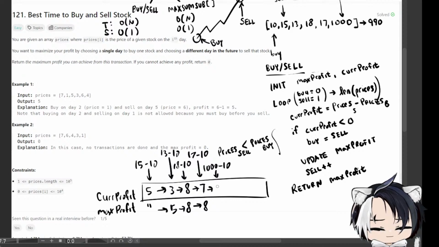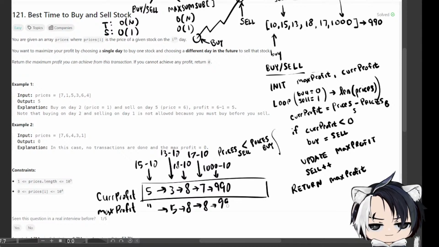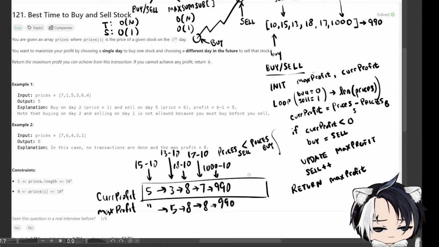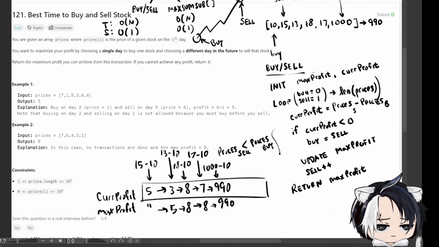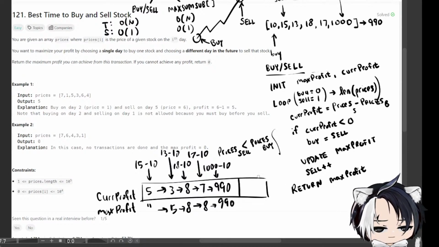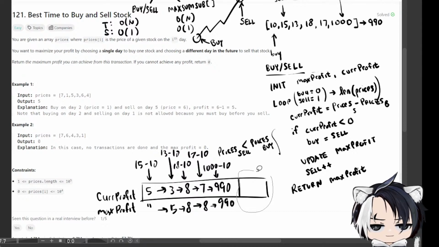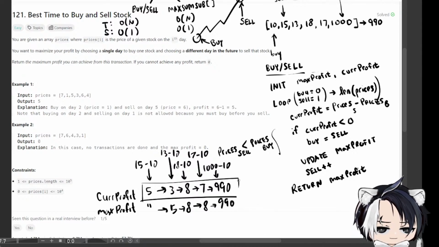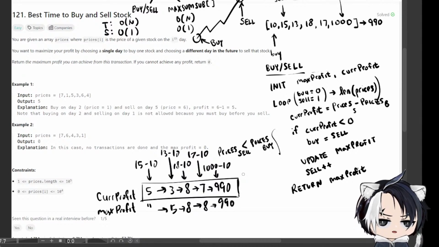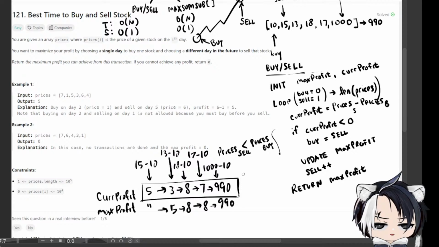Max profit is now, guessed it, 990. And then we return where the pointer is at the end of its rope. Nice. Okay, so this looks fine.